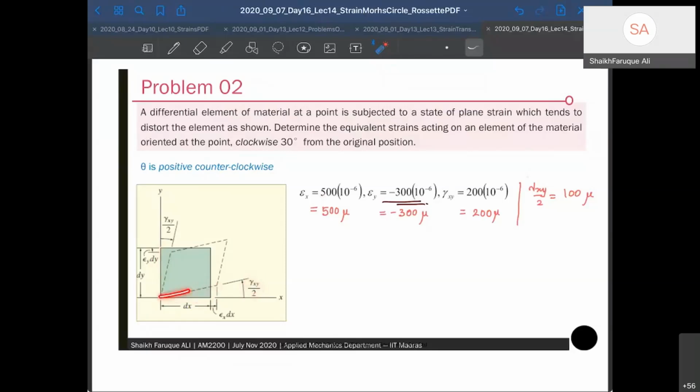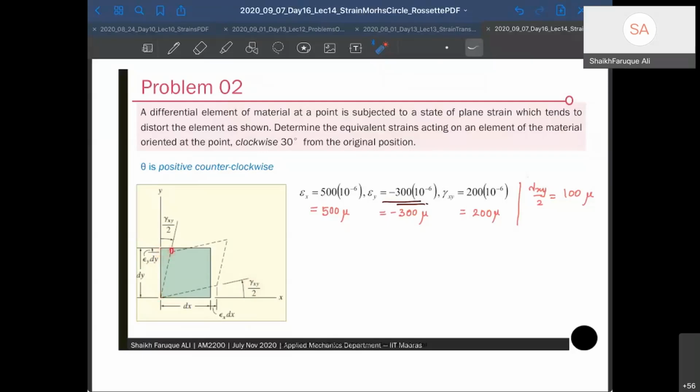Now about epsilon y, it is negative, so this is going to compress and come down a little bit here. And then there is a clockwise rotation, because positive shear will give a clockwise rotation of the y plane. So this goes this way.